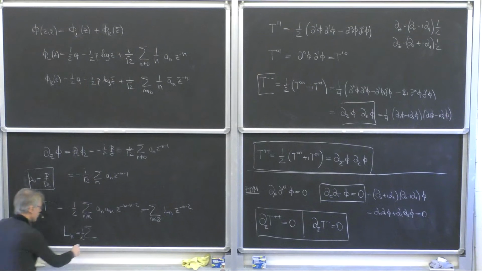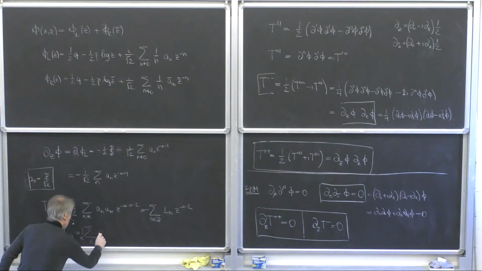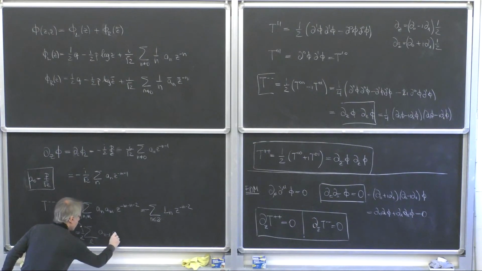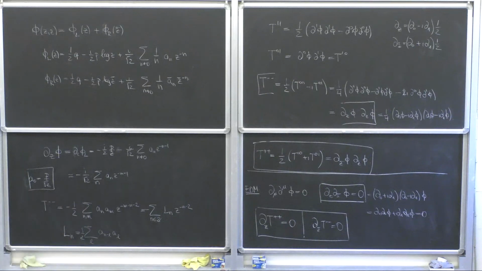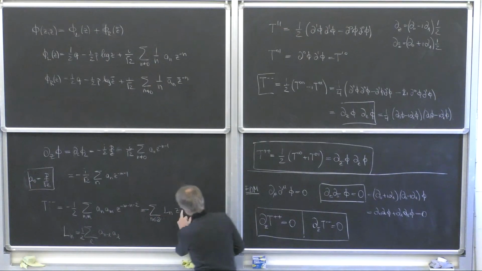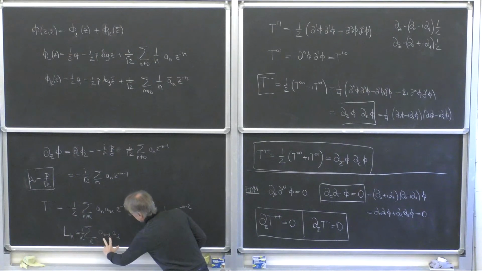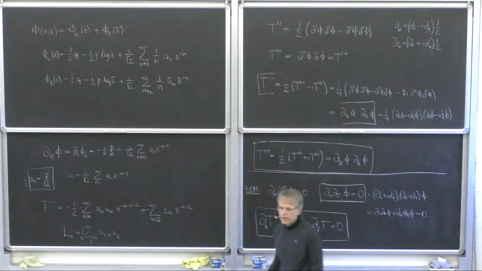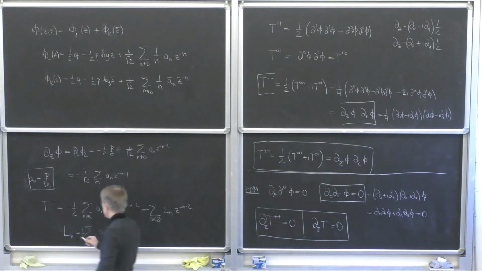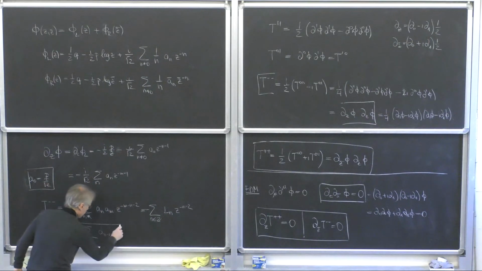Here I'm summing over l, a_{n minus l} a_l. I'm summing up all the pieces where the mode numbers add up to n. These pieces will go as z to the minus n minus 2. So L_n is the combination of all the bilinears whose mode numbers add up to n. So that's the formula for the L_n generator, whatever that is.